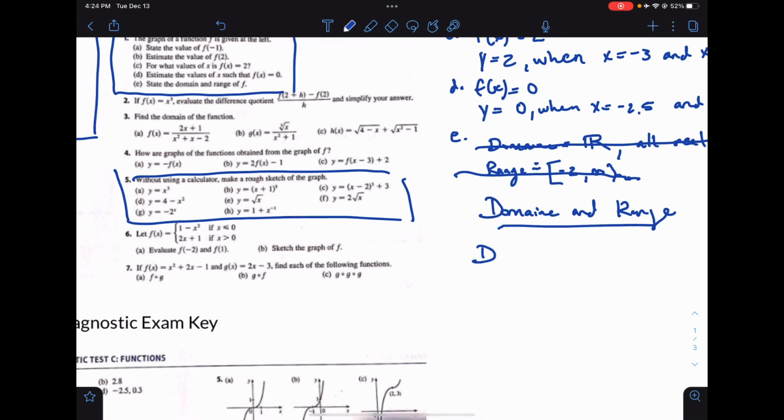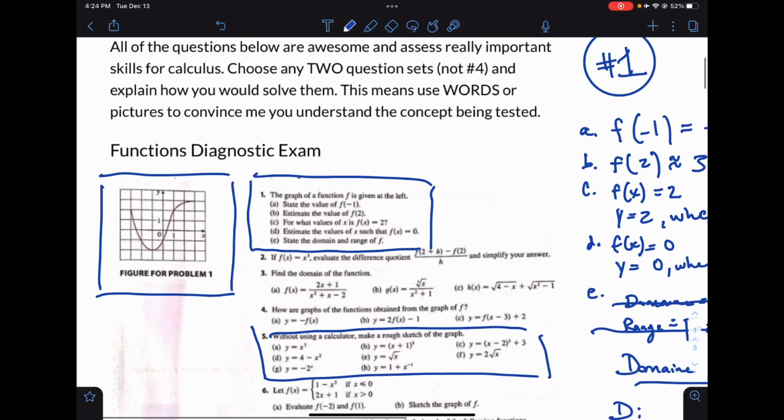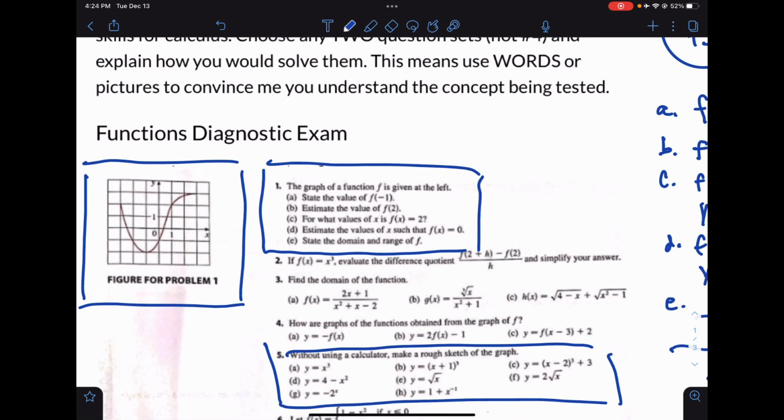Domain has to do with x values. So if we look at the graph, the furthest left and the furthest right is what we're looking at. So we see this point and this point.